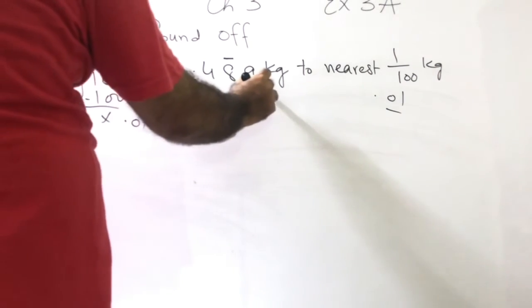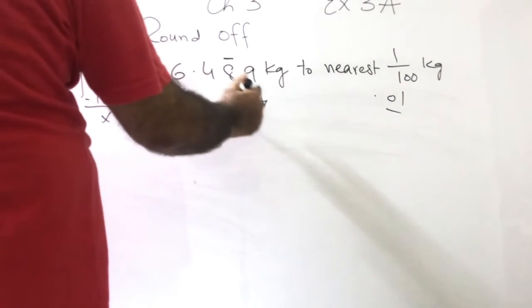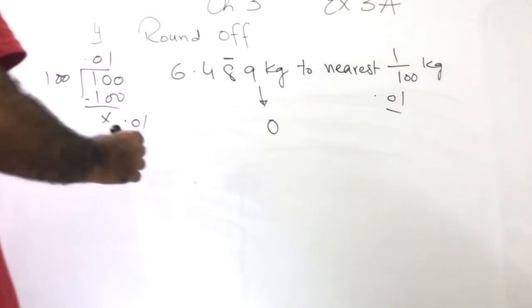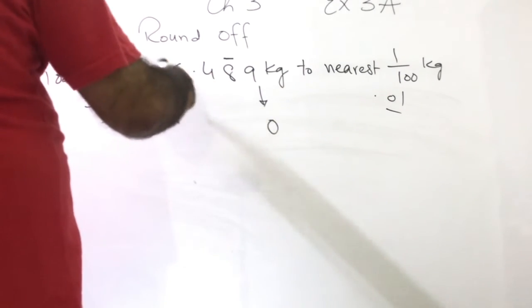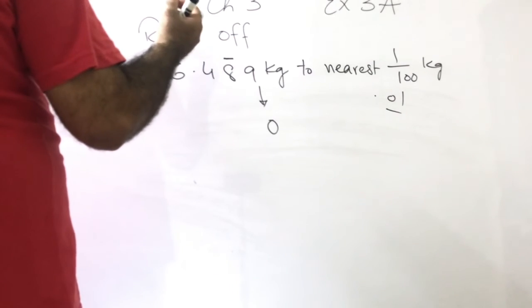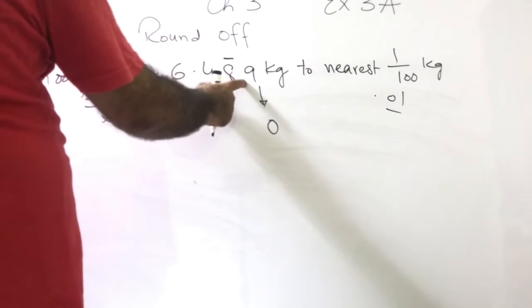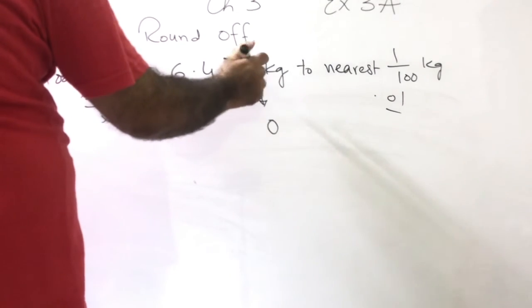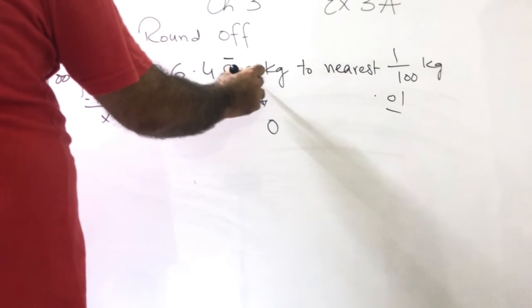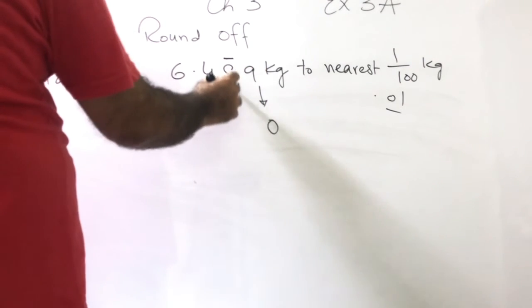Our rule says that all the numbers on the right side of the marked place become 0. Then the second rule is that we need to look at the nearest immediate right neighbor. This is the 9 for this marked place. This 9 is greater than 5, so we add 1 to this marked place.